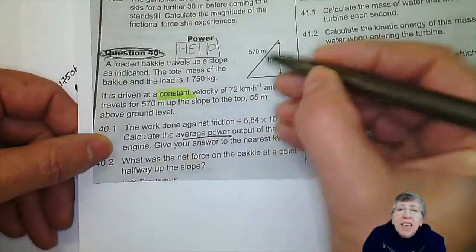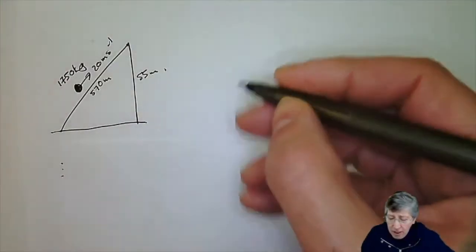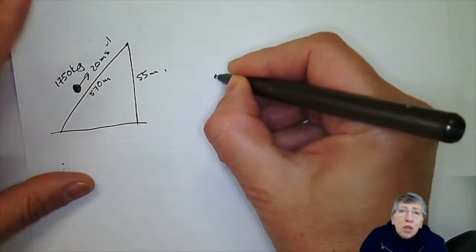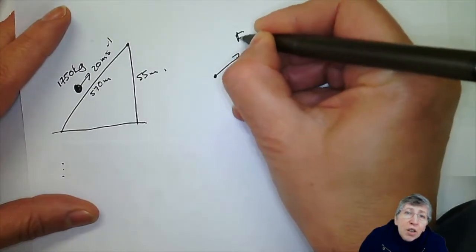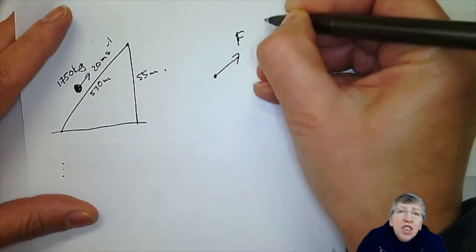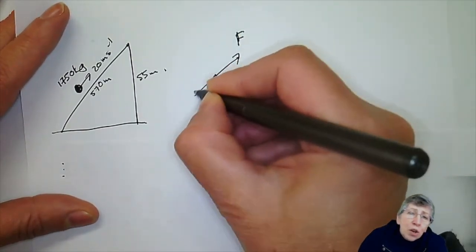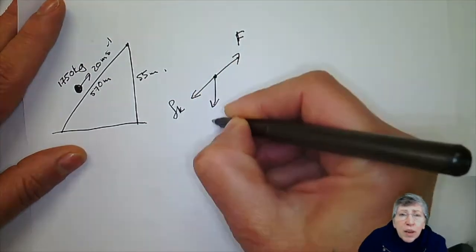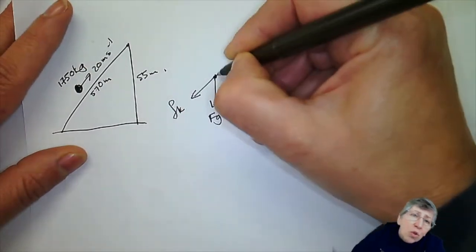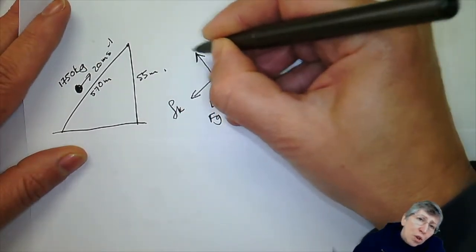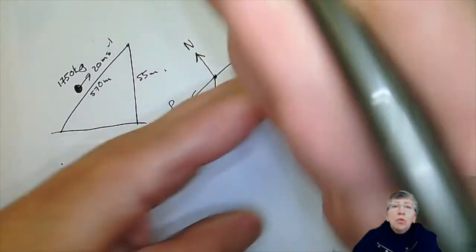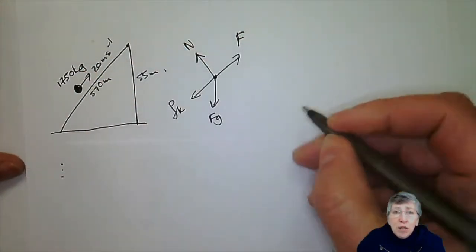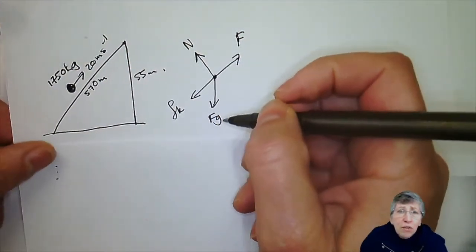So obviously the engine is pushing forward, right? So let's think about the forces. You've got your engine, right? You've got the applied force of the engine pushing up. You've got your friction working down. There's always gravity working straight down, and there's always your normal force, because you're on a surface, you've got the normal force perpendicular to that surface, right? So we've got four forces over there.